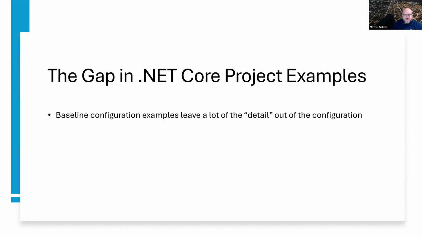Starting with .NET 9, there was a little bit of a fallout between the Swagger UI group and Microsoft's want to include things into the project. So now it's a little bit of a further gap. But when you go out to the Microsoft documentation, it just tells you how to do it the way it used to be in the project template. So the baseline configuration gets you there.